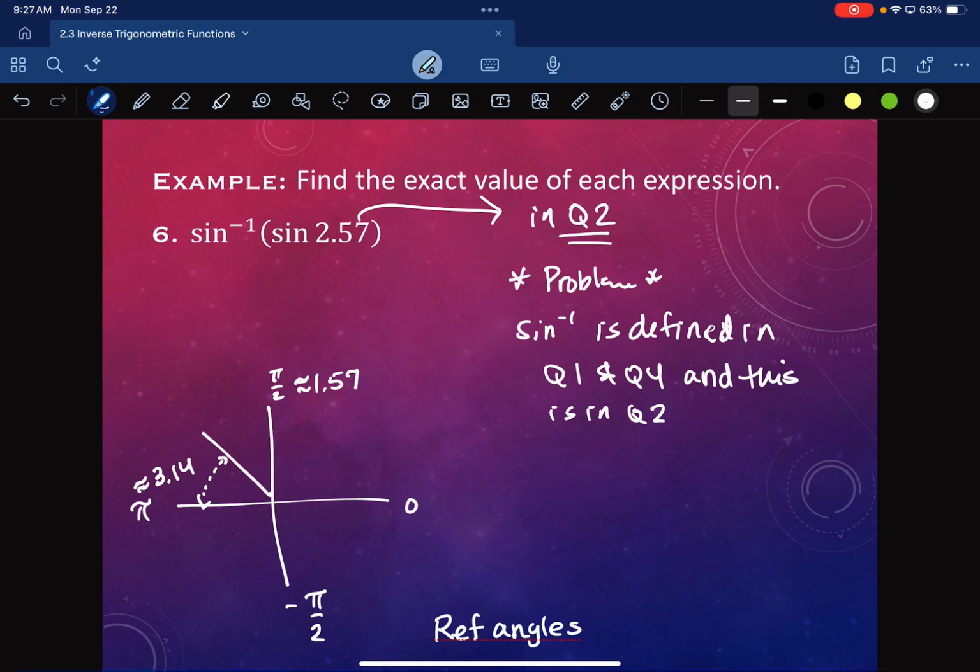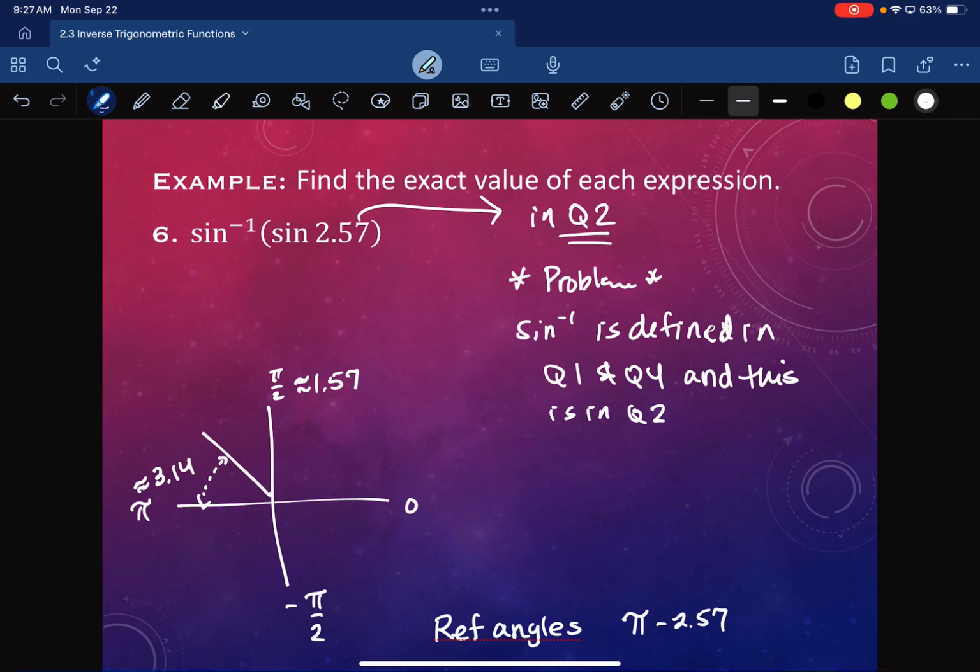So what would I do to find the reference angle for my 2.57 angle measure? Subtract it from pi, right? I would take pi, because that's all the way over to the negative x-axis, and subtract off the 2.57 that I'm at above. We can get an approximation for that.